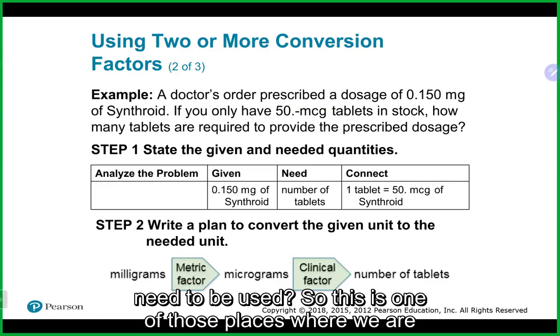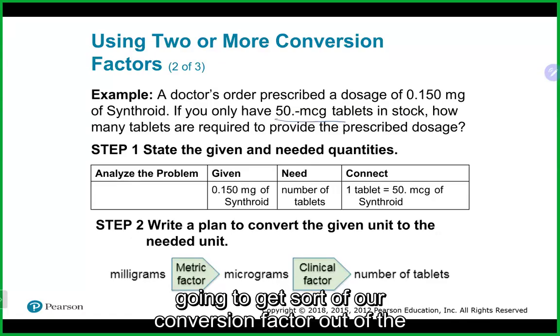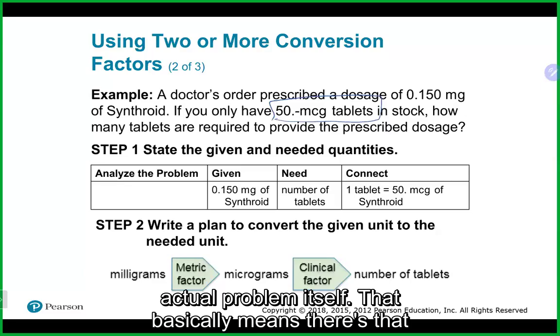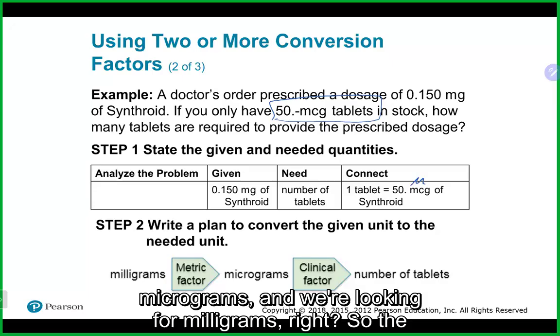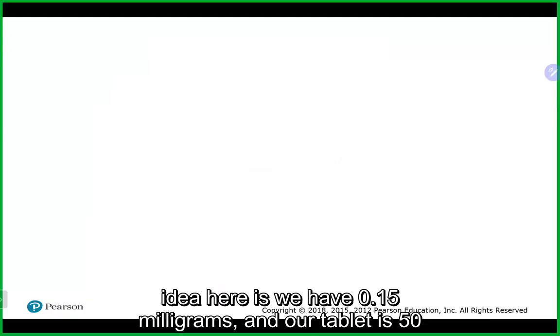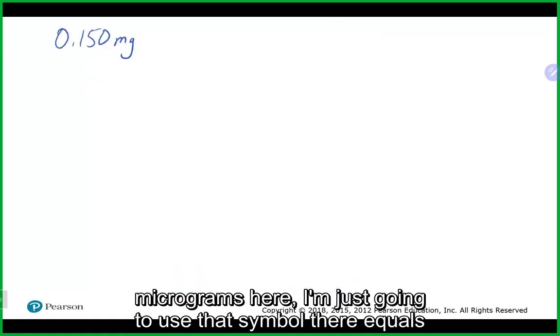So this is one of those places where we are going to get our conversion factor out of the actual problem itself. That basically means there's that micro weird symbol. So this is one tablet has 50 micrograms and we're looking for milligrams, right? So the idea here is we have 0.15 milligrams and our tablet is 50 micrograms here.